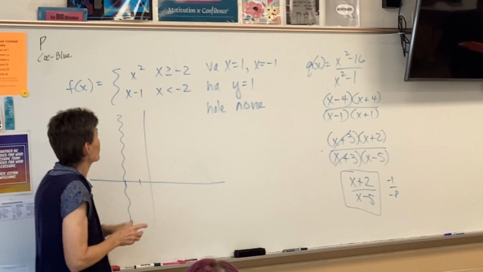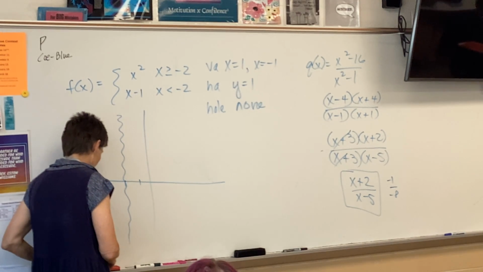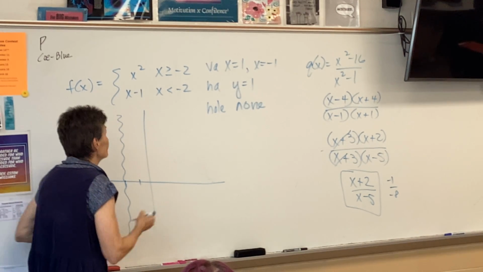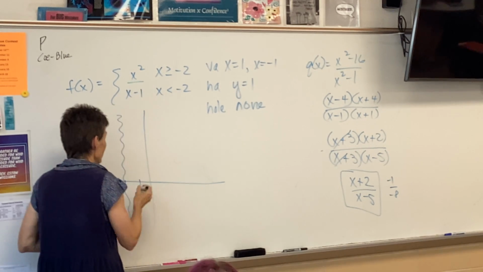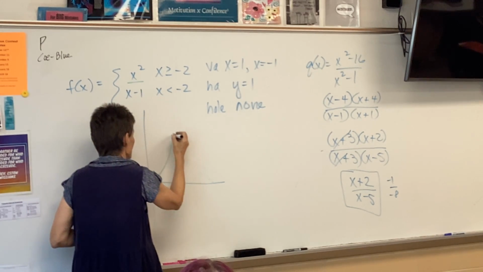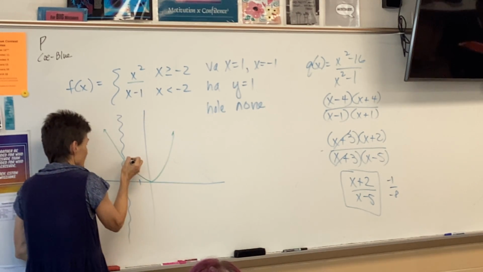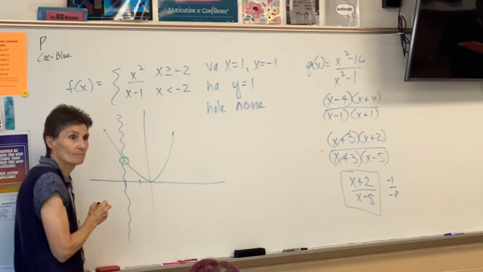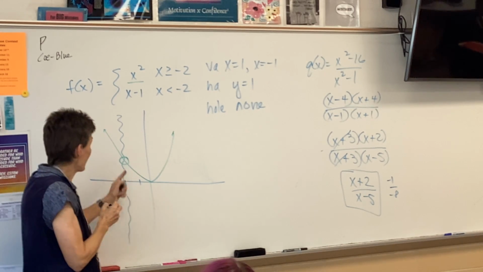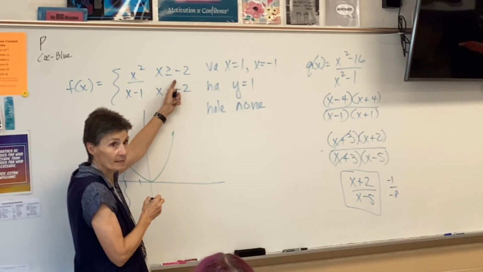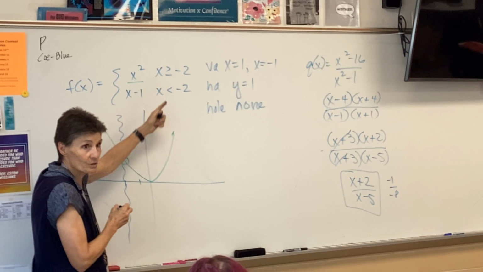What does x squared look like? A parabola at the origin. And it's gonna hit right there. And that dot will be a closed dot.